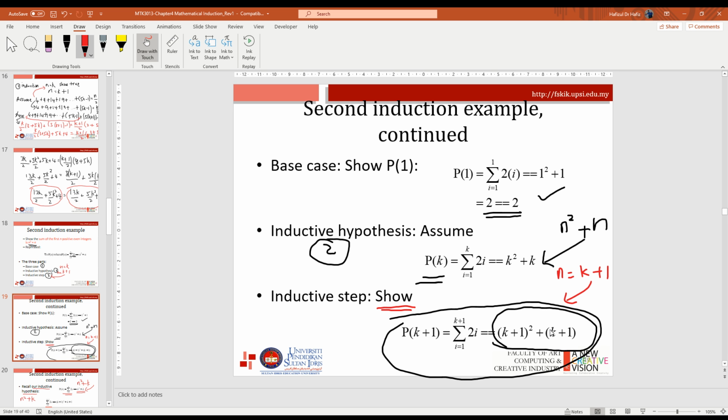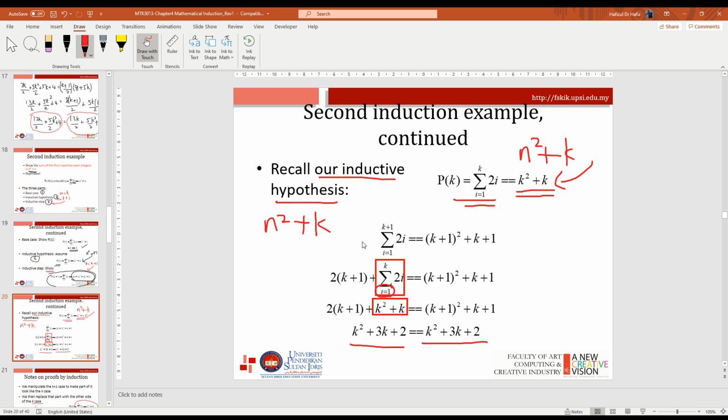Then in the inductive step, we recall our hypothesis, k power 2 plus k, this one. Okay, and then we recall here. Then k plus 1, and then we have 2 times k plus 1 plus the k equivalent to k plus 1 power 2 plus k plus 1.